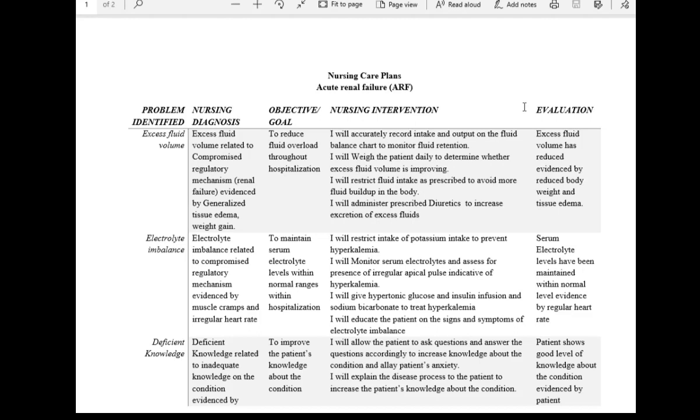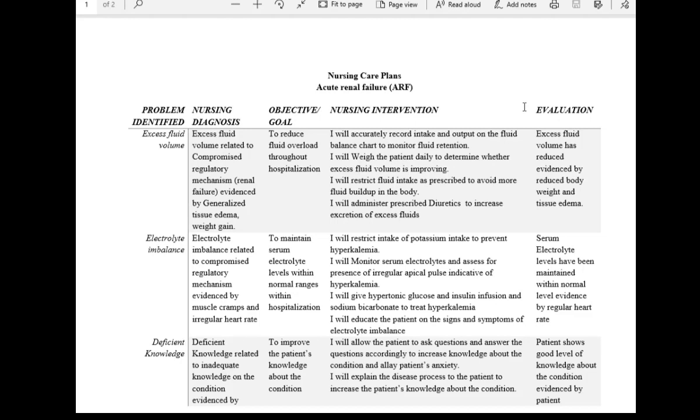The second one, I will monitor serum electrolytes and assess for presence of irregular apical pulse indicative of hyperkalemia. So you find that because of electrolyte imbalance, you have irregular apical pulse.